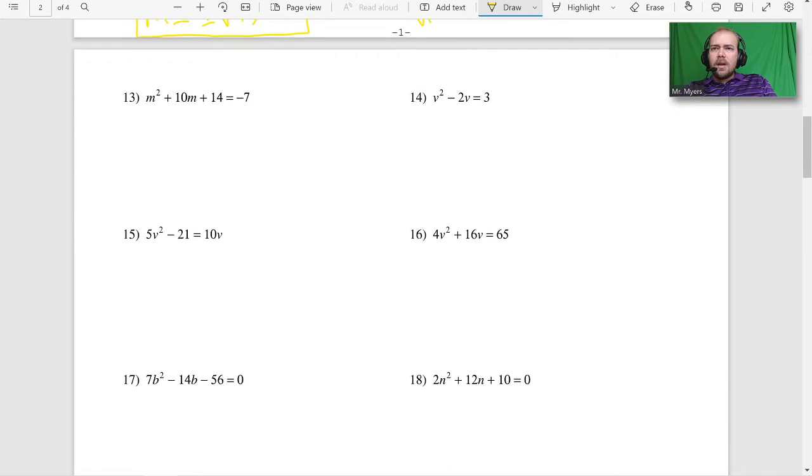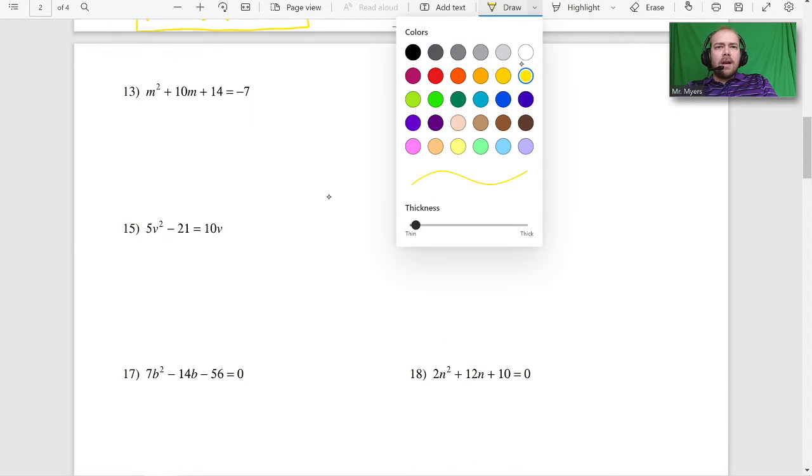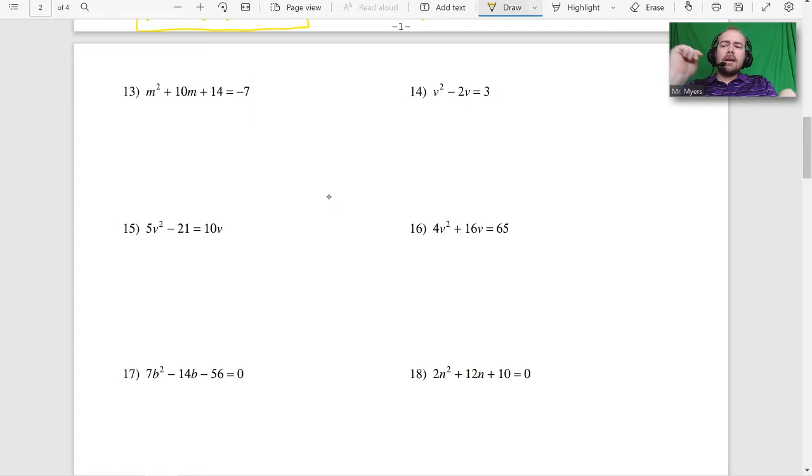So with number 13 here, we're going to change to like a gold color here and do m squared plus 10m plus 14, except we need to subtract 14 on both sides. So we're going to subtract 14 on both sides. We get negative 21. And then we want to do our completing the square formula.